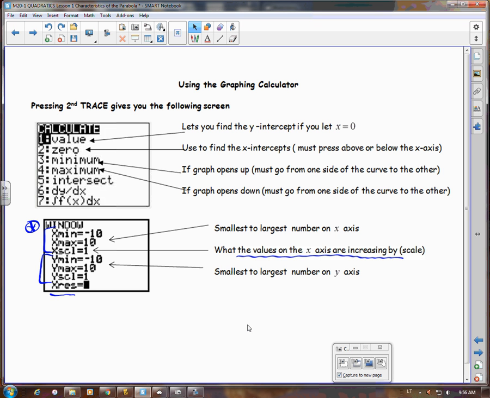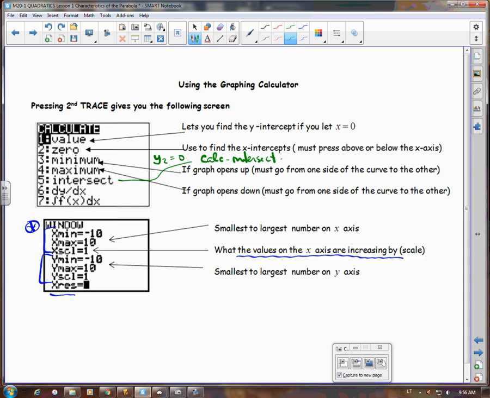The second one is called the zero feature, and it's used to find the x-intercepts. This is the one that I wouldn't use. What I personally use instead is to put in a second equation where y2 is equal to 0, and then use the calc intersect feature, which is number 5.